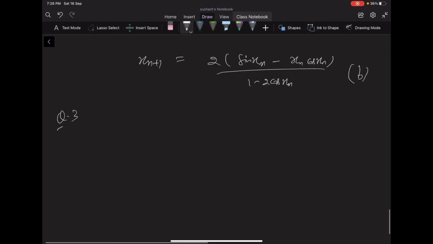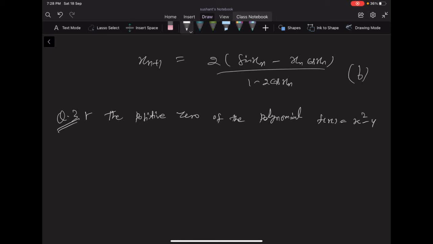Now the third question is, the positive zero of the polynomial f(x) equals x square minus 4 is determined using initial guess x equals 1.